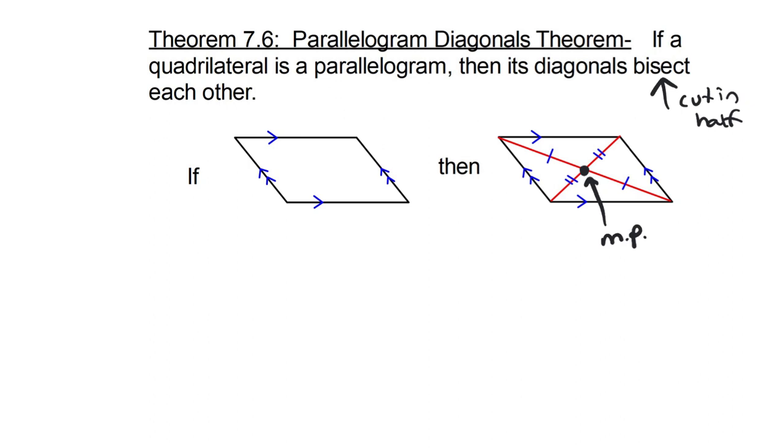Okay, so the quickest way to prove that a quadrilateral is a parallelogram using the diagonals theorem is to calculate the midpoint of both diagonals and show that it happens to be the exact same point. So if you were to take this endpoint and this endpoint and calculate the midpoint of it, and then do the same thing for this endpoint and this endpoint and calculate the midpoint, that point in the middle of each of those diagonals should be the exact same number.